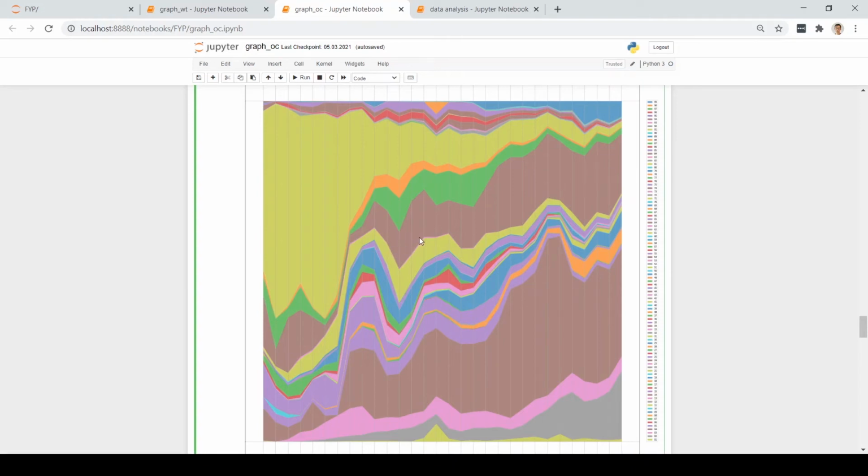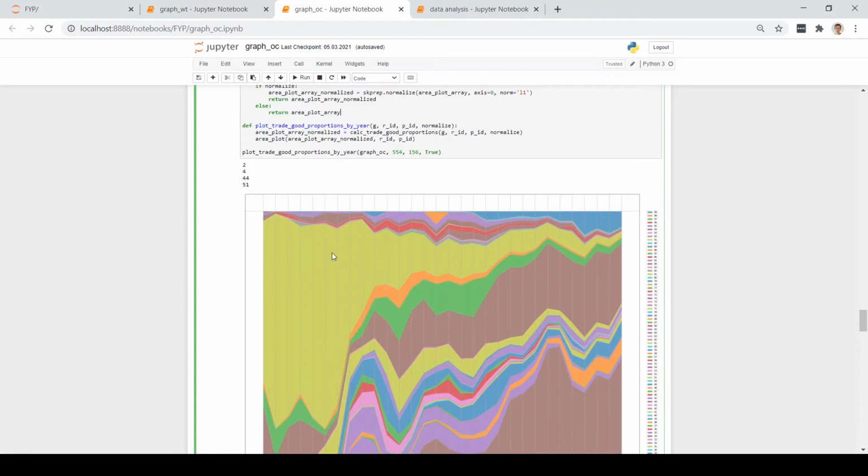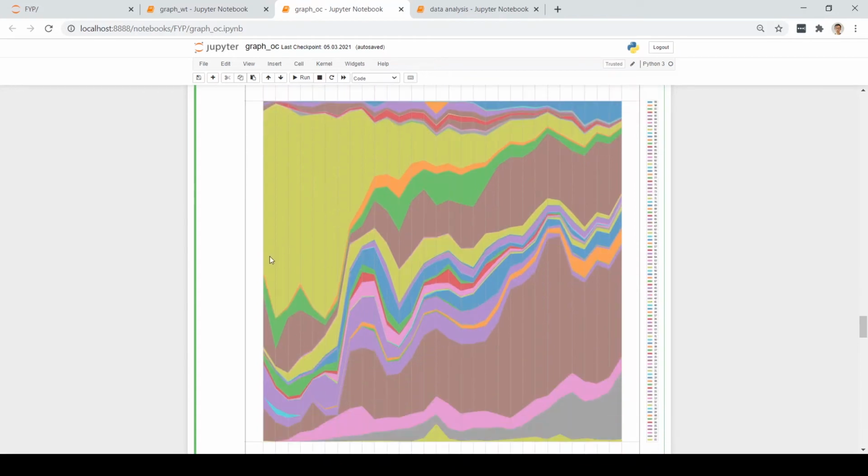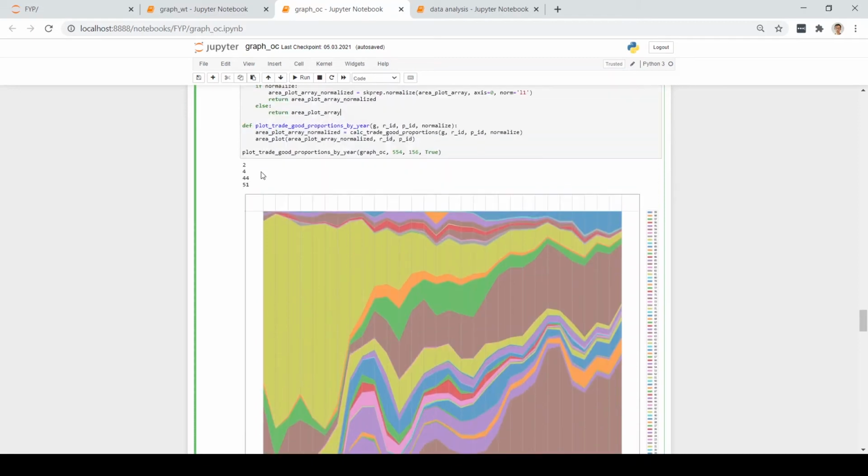So on the horizontal axis, again, are the years, 1990 to 2019, and on the vertical axis are the different trade goods, and each color represents one particular trade good. Again, the trade goods that consist of a particularly large part of the exports are displayed here.